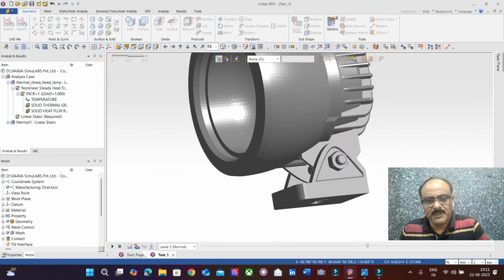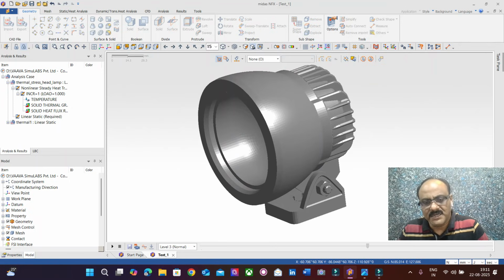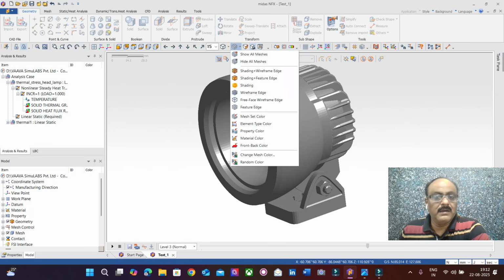Okay, and now this particular projector lamp is going to have a knuckle arrangement, a kind of hinge arrangement, and that can be lifted up, or it can be rotated in that particular region. So now what we are going to do is find out the stresses formed because of the heat.